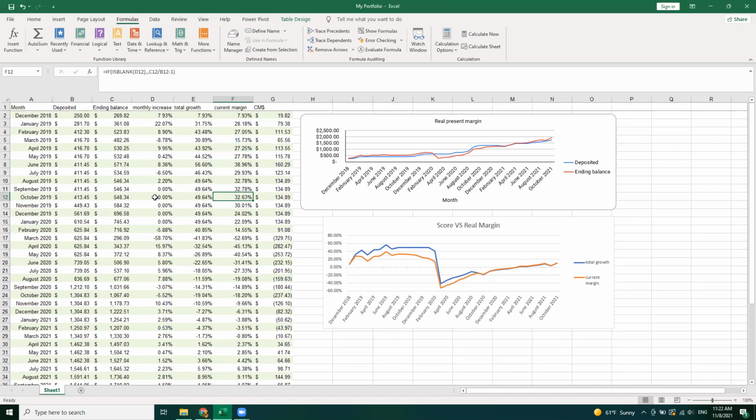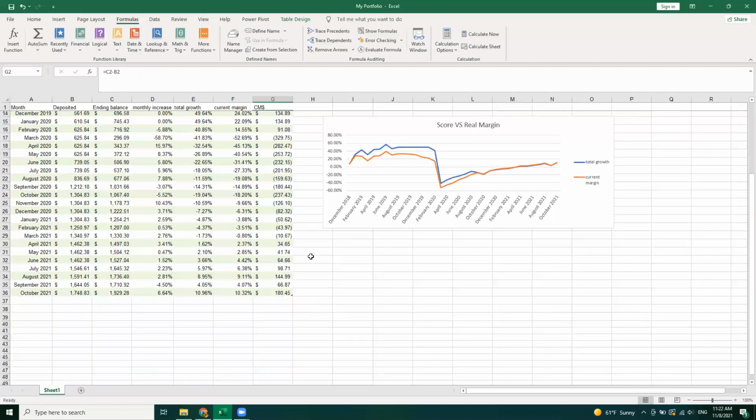I don't know why I was looking for that. For some reason I was checking for if D is blank, then give me nothing, which is weird. I don't know why I did that. Anyways, that's the whole thing. And this is a dollar value, so it's not divided, it's just a difference between B and C. So that's that. There you go.